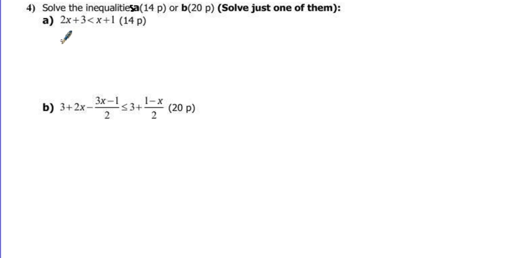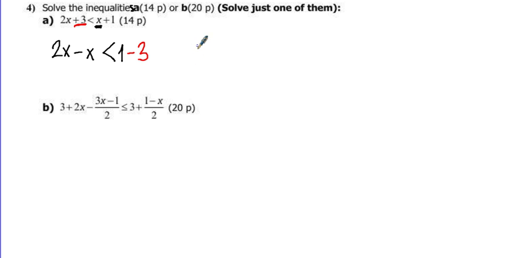We combine the like terms on the same side. So here we have 2x, and I take this x to the left hand side as minus x. I don't make any change on the inequality sign. I have 1 on the right side already, and this plus 3 I write to the right hand side as minus 3.